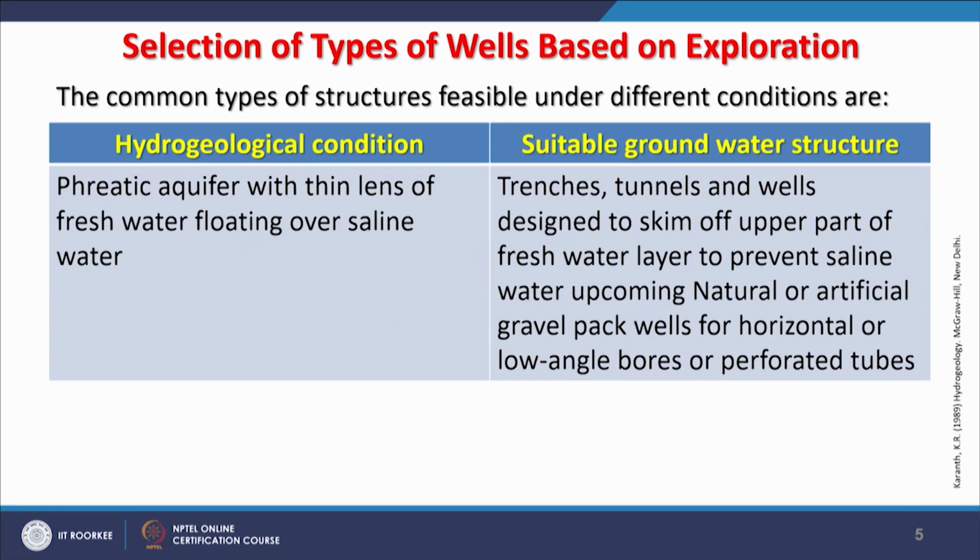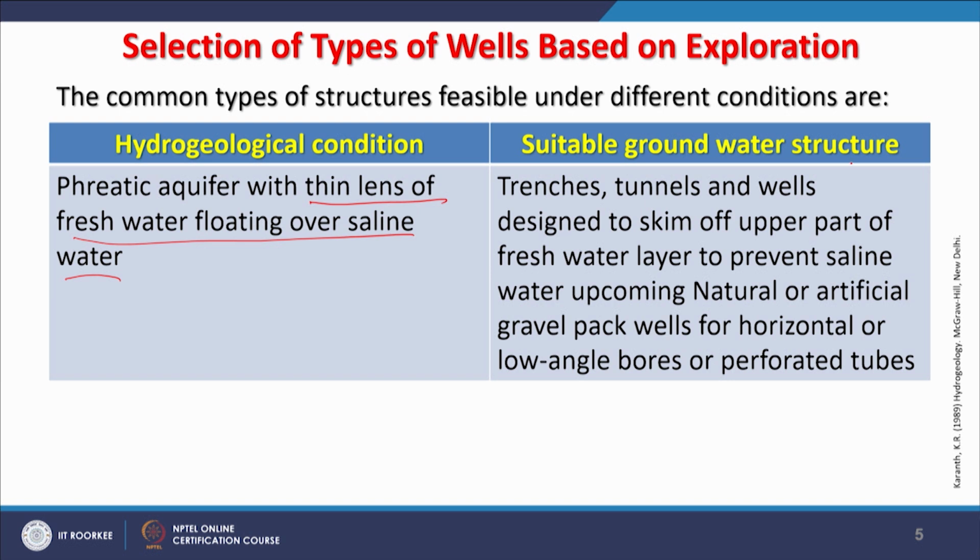So, there are other hydrological conditions, and only some of them we are discussing. Like when we are having a phreatic aquifer with thin lengths of fresh water floating over saline water. That might be a situation in certain cases.